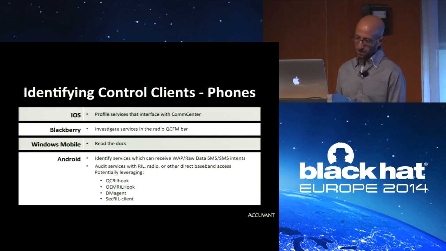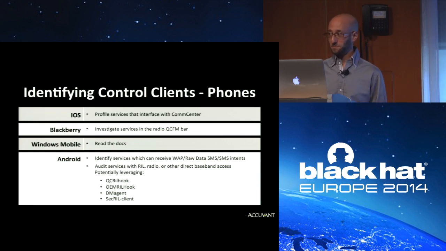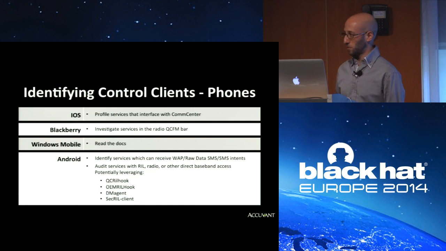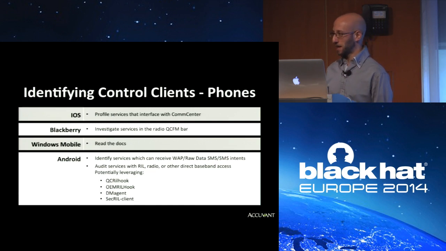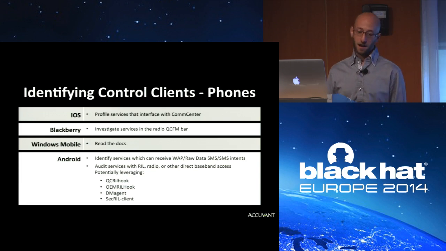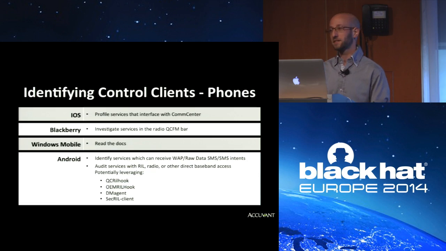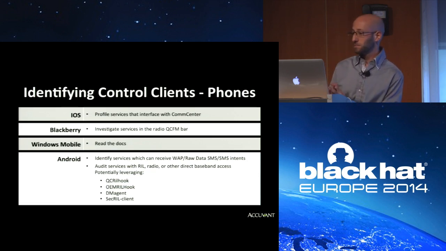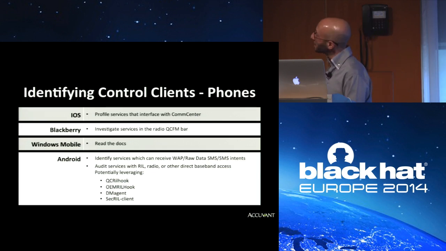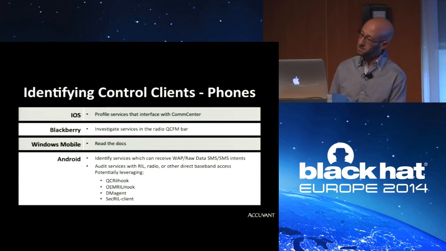Android. So Android, as usual, has a huge amount of fragmentation, and you're going to have interesting times finding it. I've seen many different implementations, some obfuscated, some not. Pretty much, you're going to have to start at the beginning. Just look for anything that can take a WAP intent or raw data and standard SMS intents.